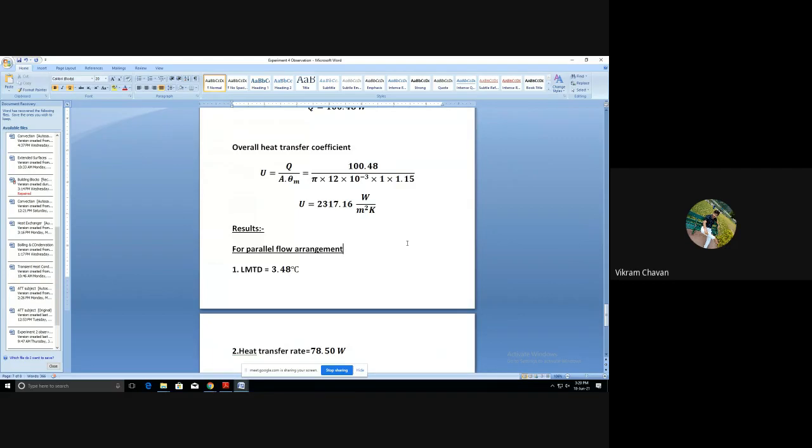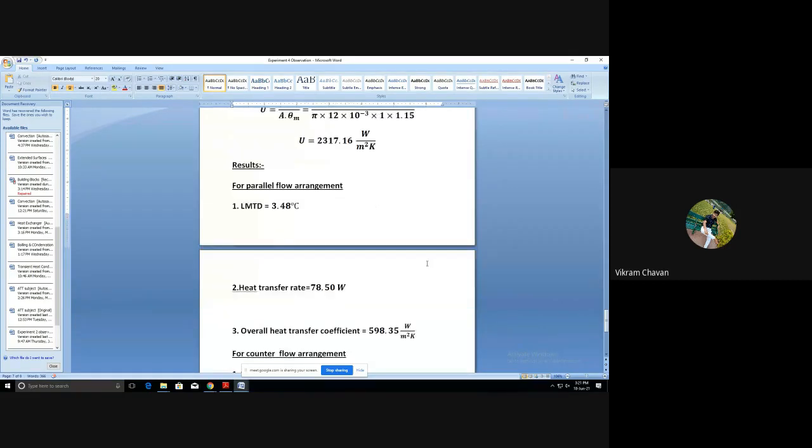Also, I proved through this experimentation that for the same arrangement, the parallel flow heat exchanger gives less heat transfer rate compared to the counter flow heat exchanger. If you have any doubt or question, you can ask now. Is there any doubt, any question?